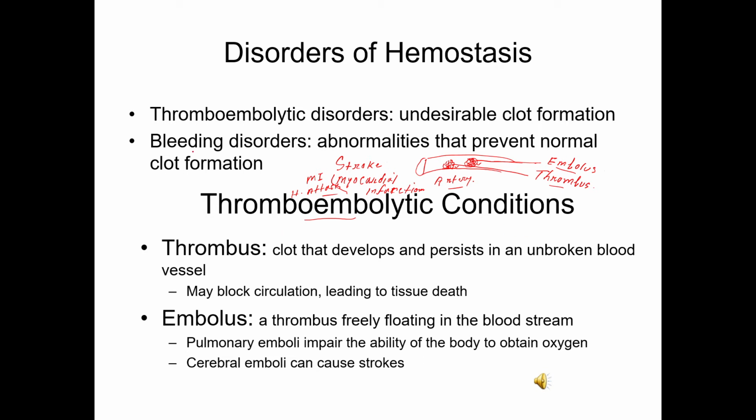Now, bleeding disorders, I already explained this. You have 13 clotting factors or coagulation factors, and if any factor or factors are absent, that can cause prolonged bleeding. The clot formation will be delayed, and in that case, the bleeding will be prolonged.